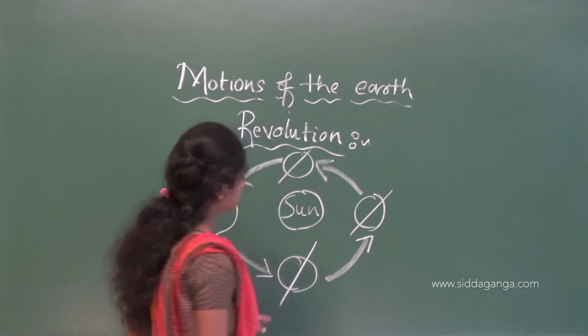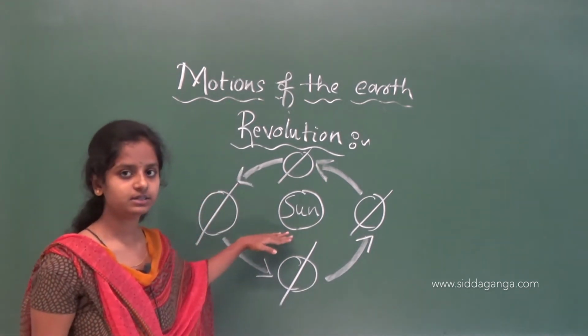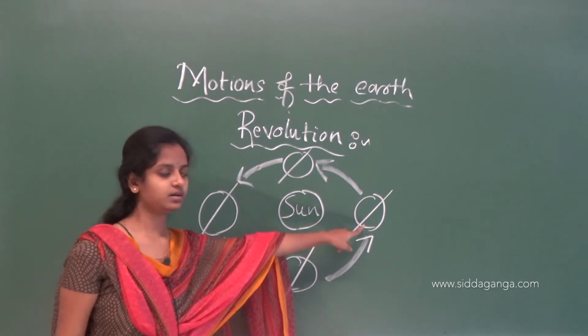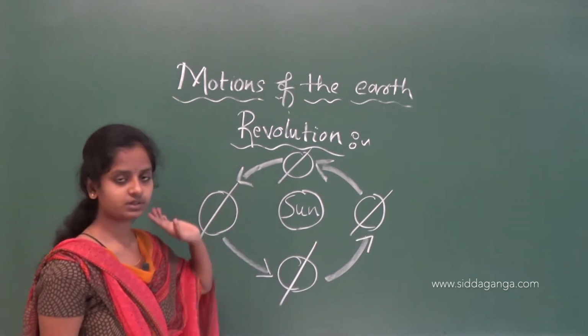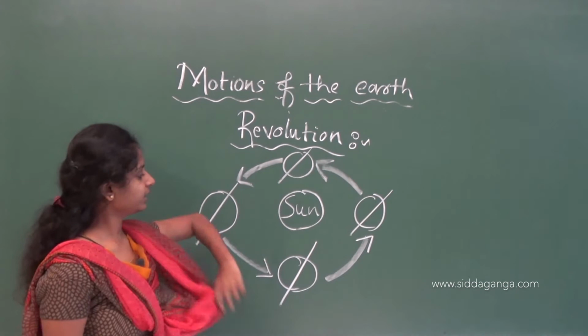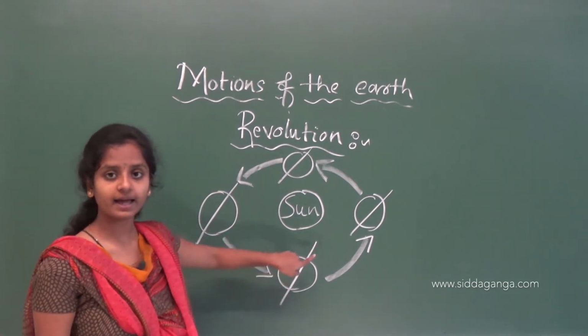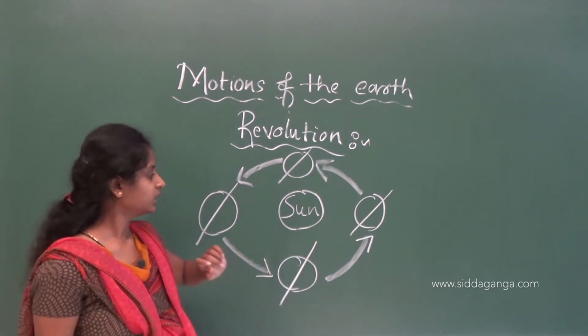So this is the sun and this is the earth surface. Why have I drawn this line? This is the axis of earth.